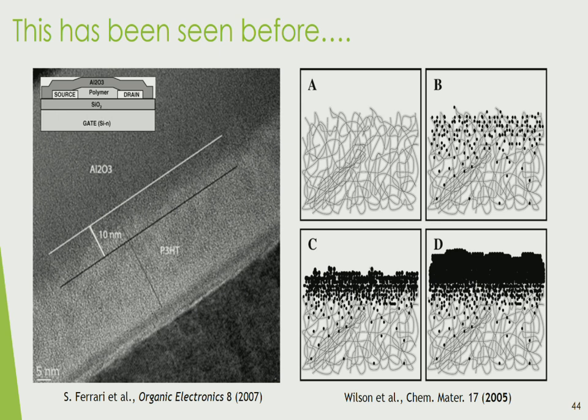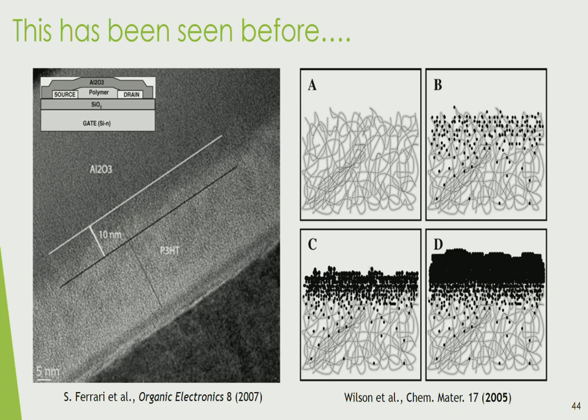They found that there was a layer at that interface that became a very rough surface. In addition, this is silicon down here, so this is P3HT spun cast onto silicon. What they showed was that aluminum oxide was actually traveling through the P3HT and forming a layer at the interface with the silicon.